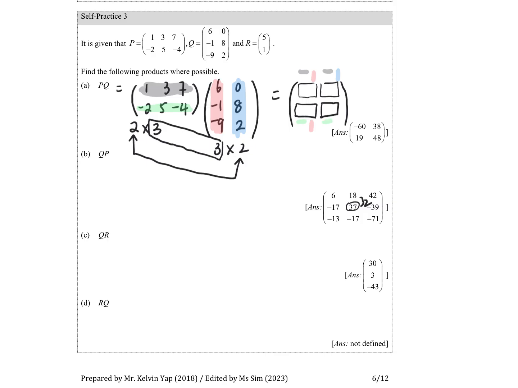That's the first box. The black row times the red column is the first entry, and the black row times the blue column is the second entry. Then you move down to the green one: green times red, green times blue. Go and find the 4 entries. Just be very careful. Confirm you can get the answer.